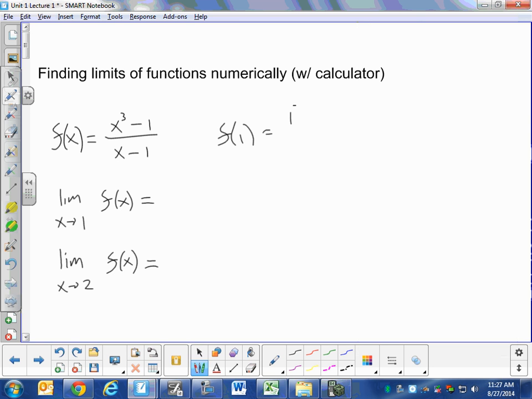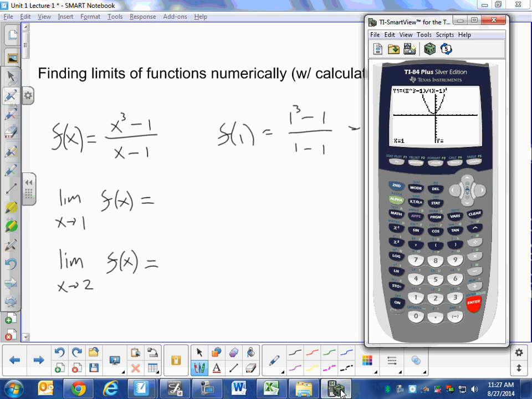If I do that, I notice I get 1 cubed minus 1 over 1 minus 1, which is 0 over 0. 0 over 0 is indeterminate. You're not allowed to divide by 0, even if you're trying to divide 0 by 0. Or undefined. So f of 1 is undefined. I can't find the value.